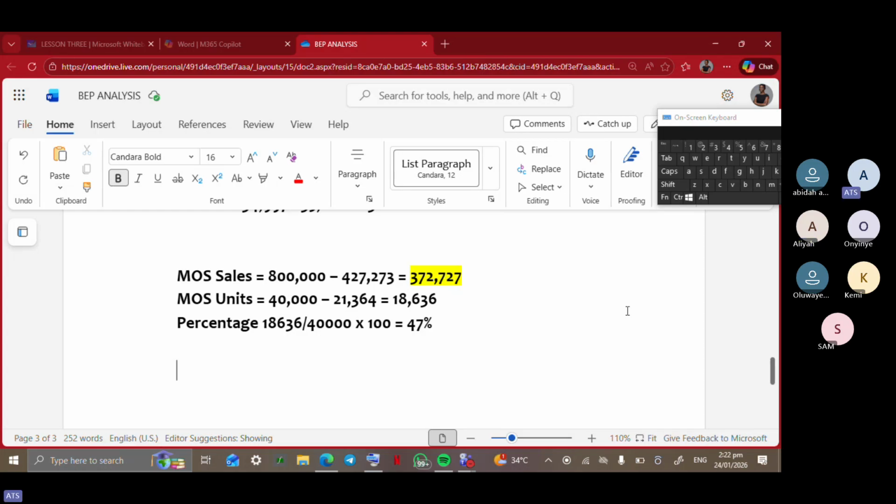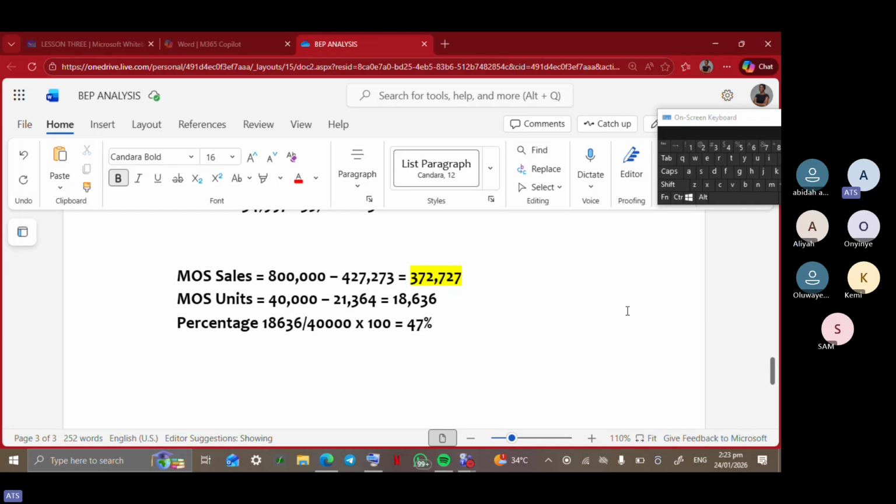In all that I've been explaining, we have only reached profit before tax, right? Yes, ma'am. So now they are asking what if we go further to profit after tax.